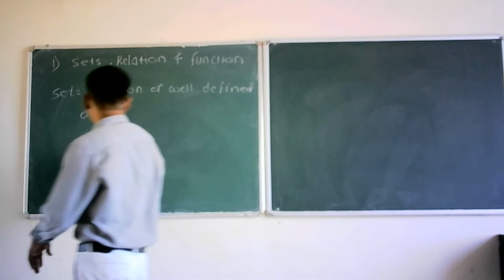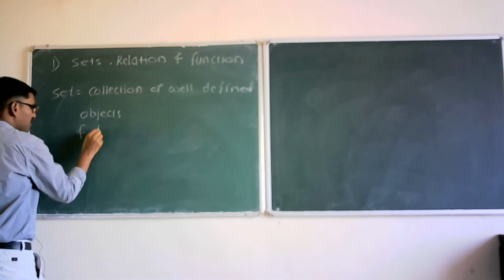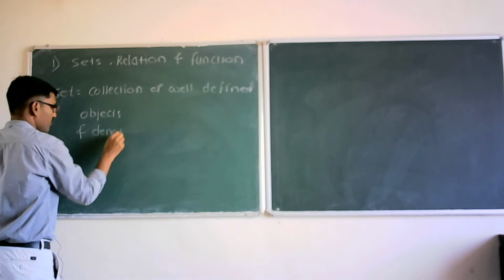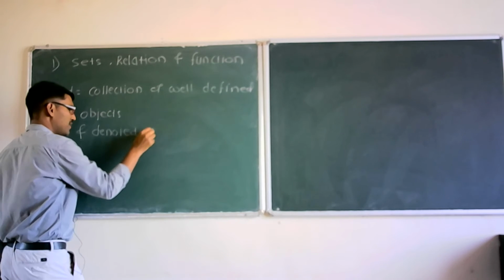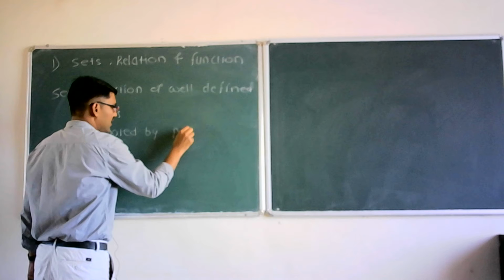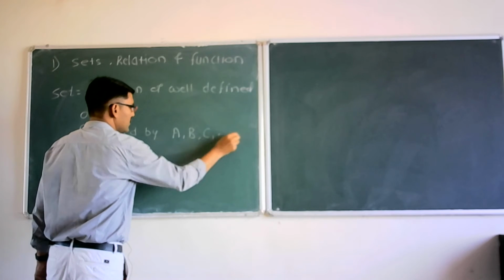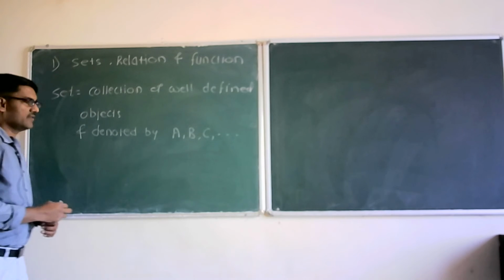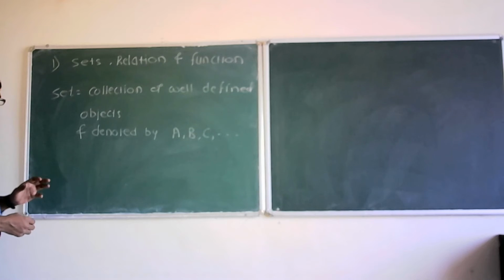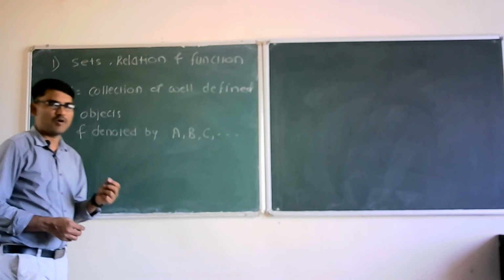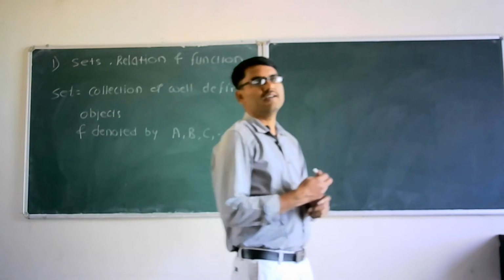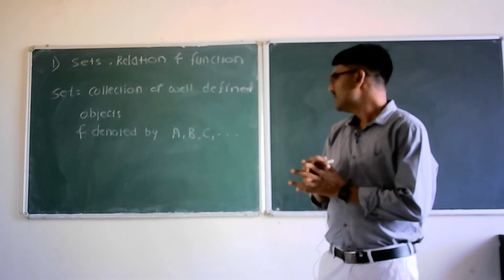We denote a set by capital letters A, B, C, and so on, and elements are denoted by small letters, small a, small b, small c, and so on.